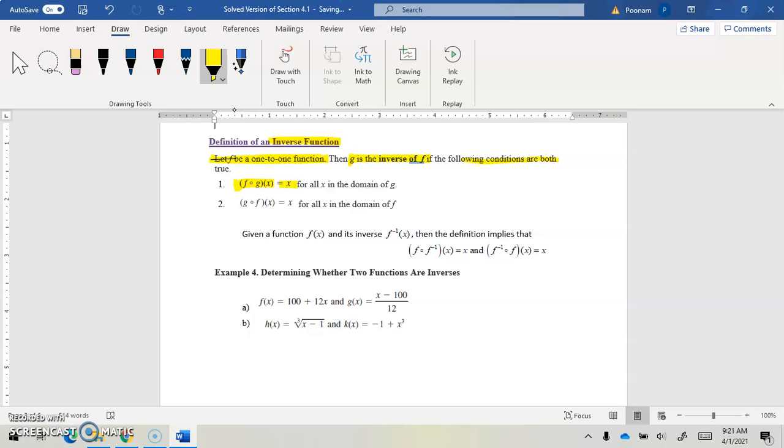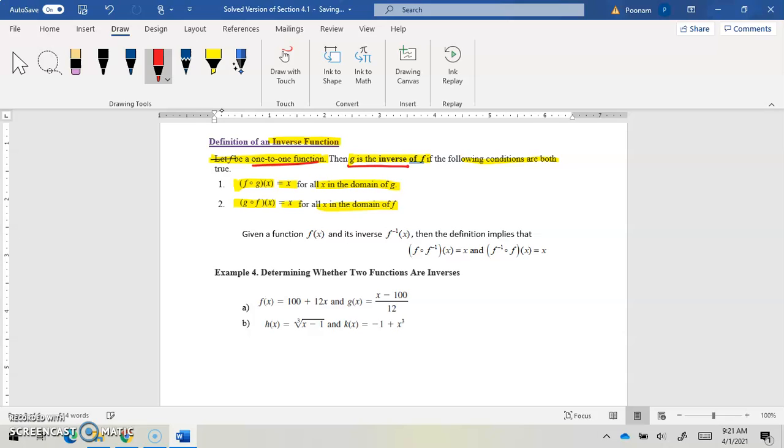That means if you apply f and g both together on x, the answer comes back to x for all x in the domain of g. Or if you do g of f of x, it still comes to be x for all x in the domain of the function.